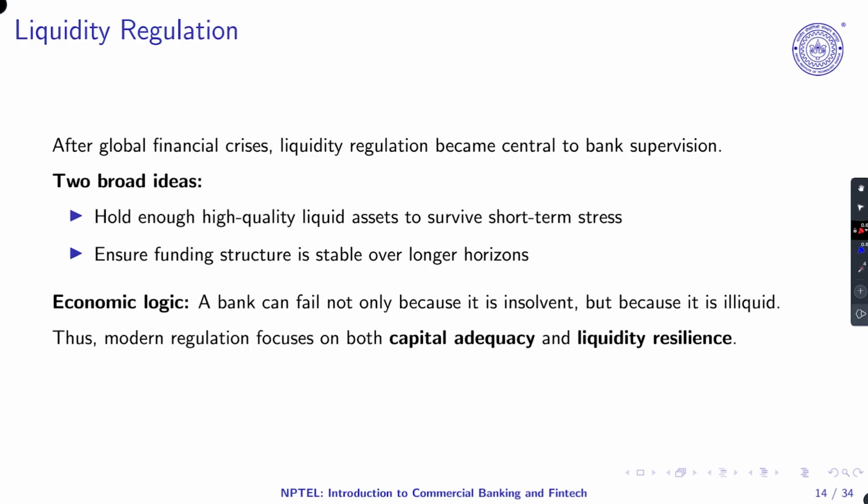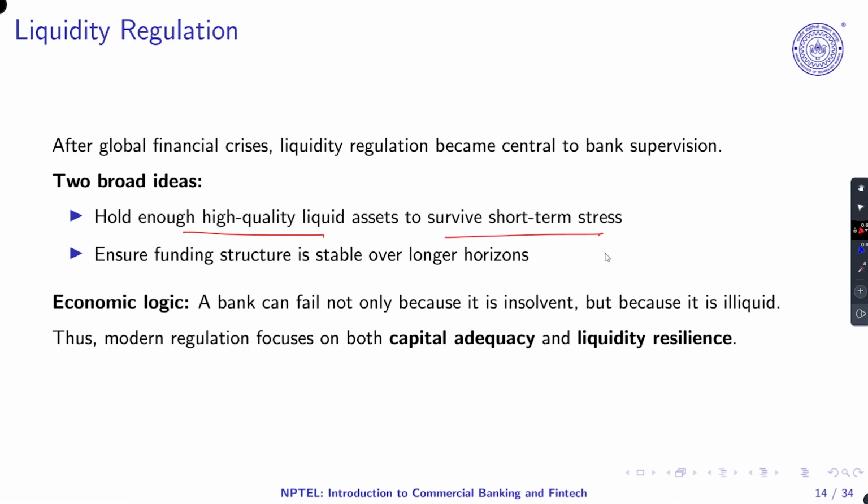Now we have liquidity regulation. Liquidity regulation implies how important it is from the central bank and bank supervision perspective whether banks hold enough high quality liquid assets to survive short term stress.